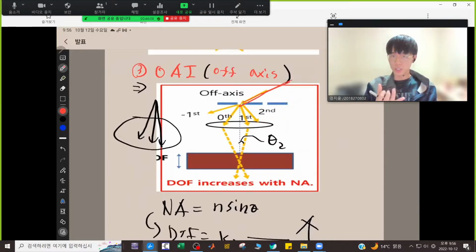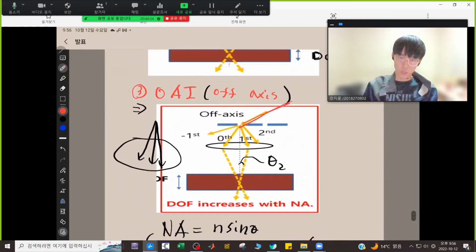If we tilt this axis, then we can project the diffraction waves to the wafer more than in the before picture.